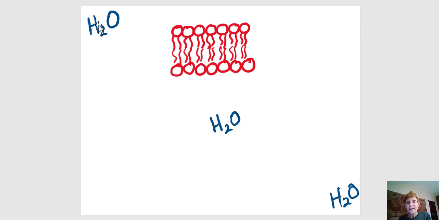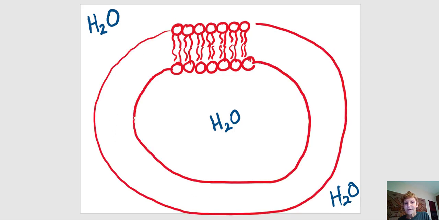So what could you do to make everybody happy? What if you took, let's say all this is water, they're all in water. You took this phospholipid bilayer, and as you went across, instead of going straight across and hitting the walls, you made a circle, like all the way around, like this. So the polar heads are facing the water.